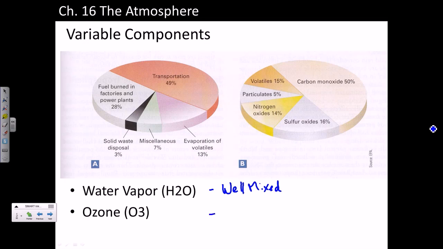However, we do find that we've got variable components that are not well mixed or are anthropogenic, so they're generated by humans, so locally generated.